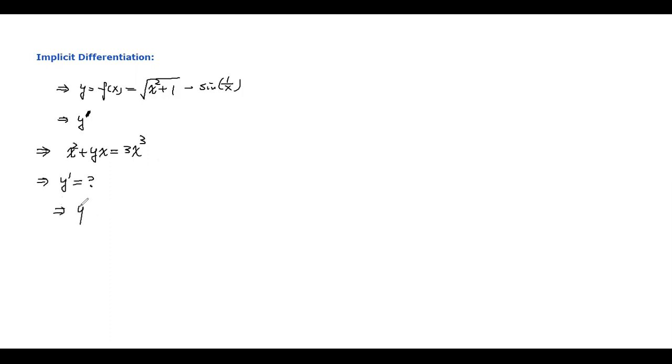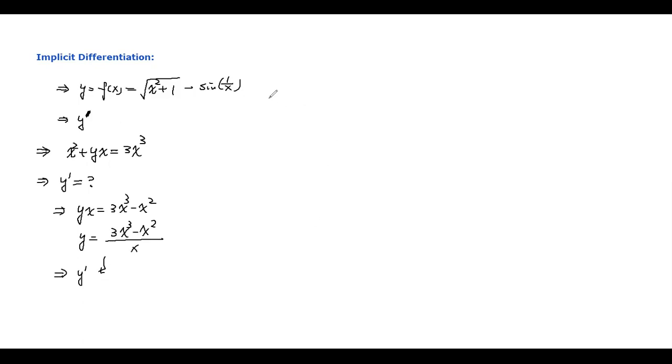For this one, you can say yx equals 3x cubed minus x squared, so y is 3x cubed minus x squared over x. So you solve for y, then you can find the derivatives by using the quotient rule, the product rule, whatever rule we learned, right? So this way is fine.